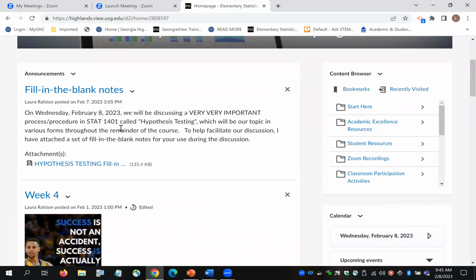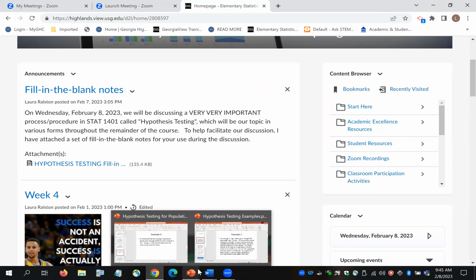And so I have continued to use those in the Zoom format. So I've made those available. I don't know if you have the ability to print them off and fill them out, or if you can fill them out on the computer while you are in the Zoom room.